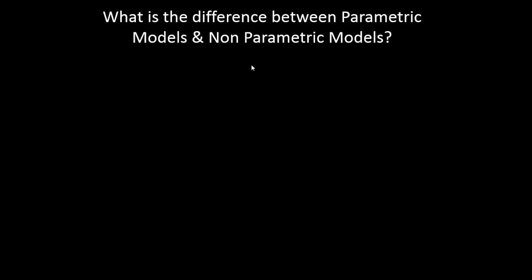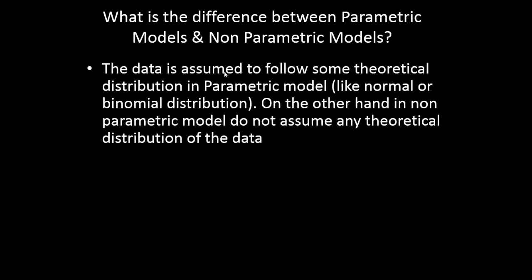The next question is, what is the difference between a parametric model and a non-parametric model? Well, the main difference is that the data is assumed to follow some theoretical distribution in parametric models, like normal distribution, binomial distribution, and so on.